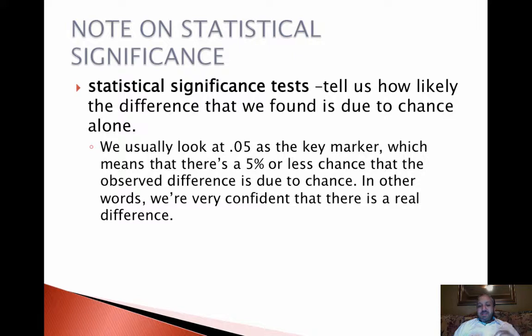What this means, if it says P equals 0.05, pay attention, is that there is a 5% chance that the observed difference between 10.9 and 10.7, or 50.5 and 49.5, or whatever, that the difference you observe between these two numbers is just a product of the sample, is just due to chance. In other words, there's only a small chance, 5%, that the difference is just random.